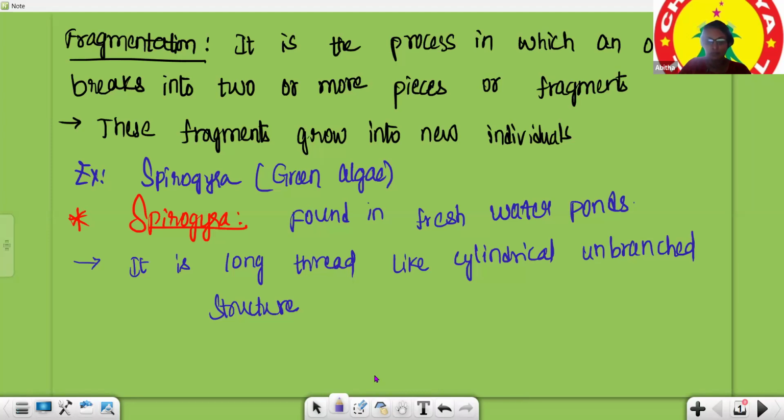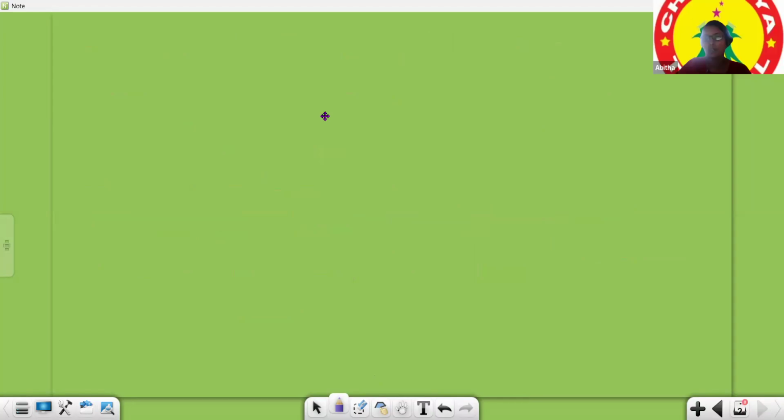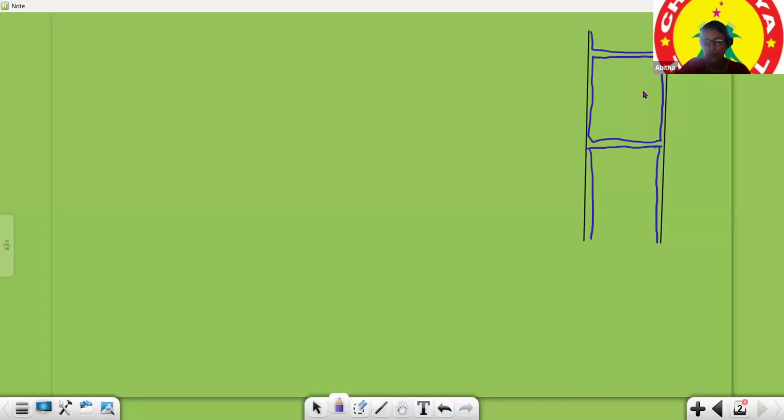Clear? Okay. Let's see the structure of Spirogyra. Spirogyra is a cylindrical structure. It is a bilayer, that's what I'm showing with two layers. You can see nucleus is present and chloroplast is present, which is spiral chloroplast.